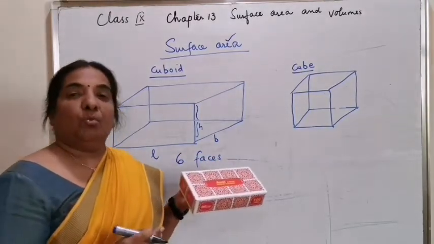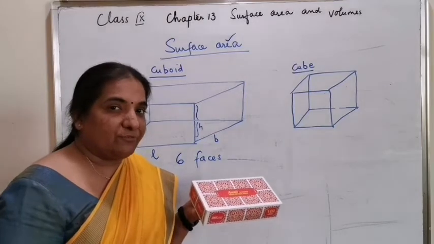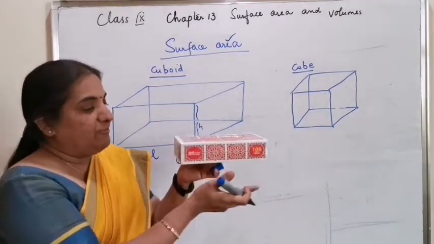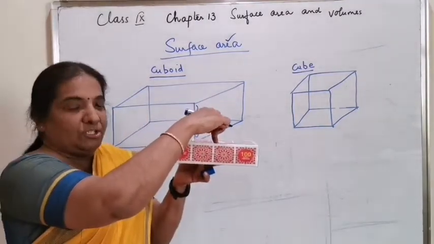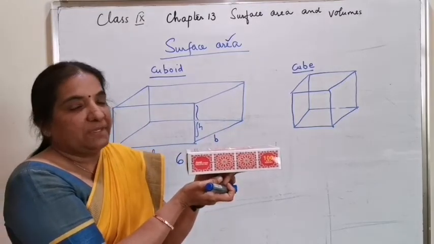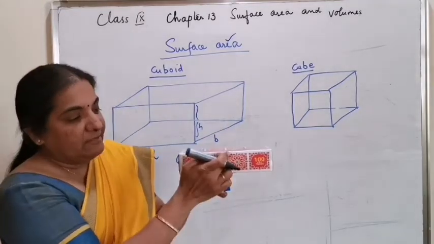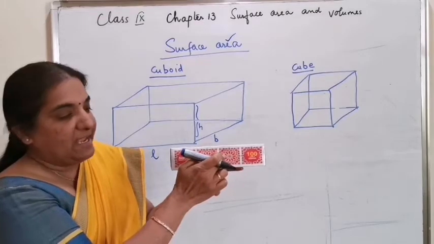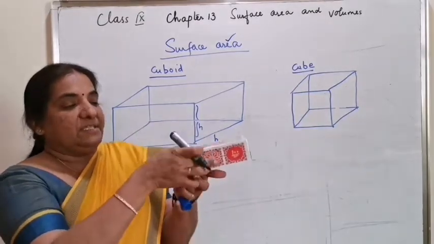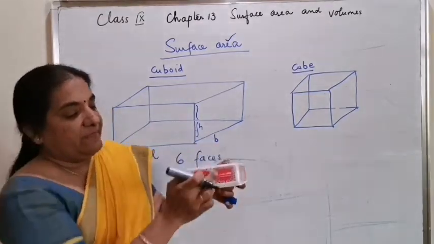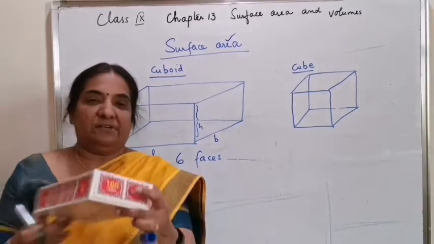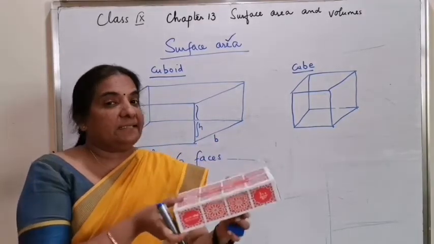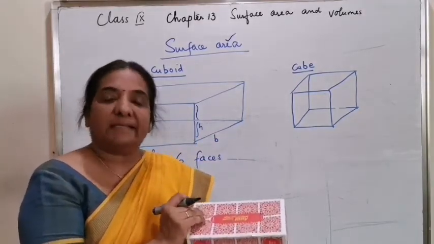What is the peculiarity of the faces? Opposite faces, that means the faces on the top and bottom, are equal. This face as well as the face here are equal. The face here and the face here are equal. At the same time, they are rectangles.